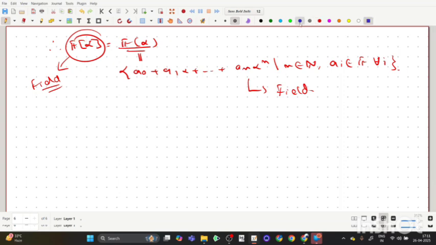But we have proven something more here. We have proven this as well, that if I talk about an ideal I in F[t], where F is a subfield of K, then I is generated by an irreducible monic polynomial.